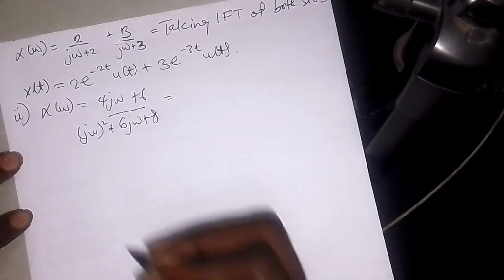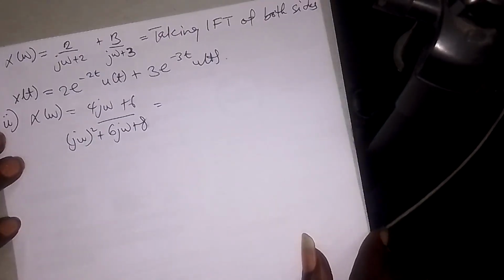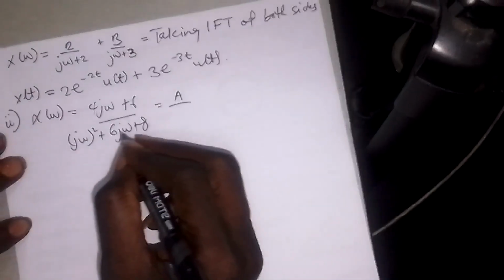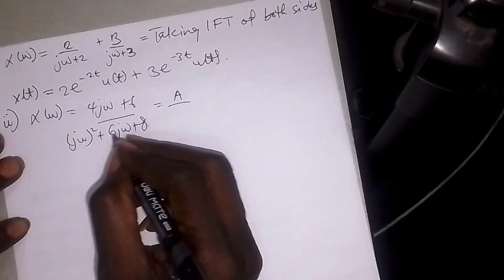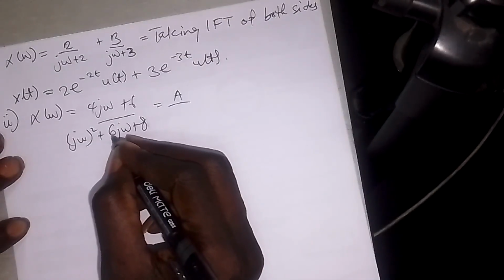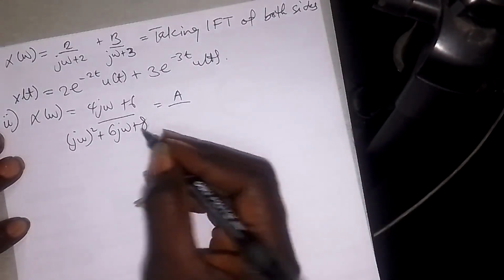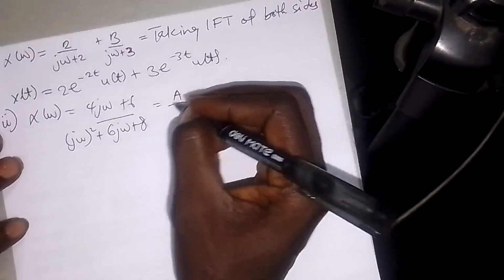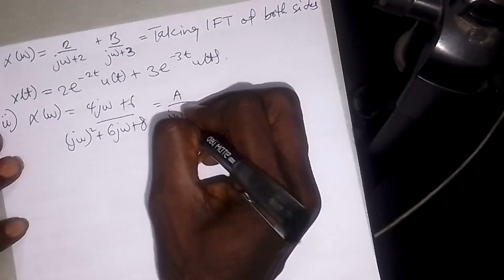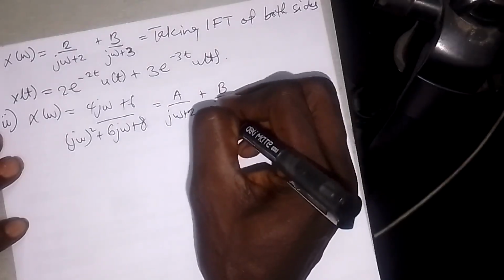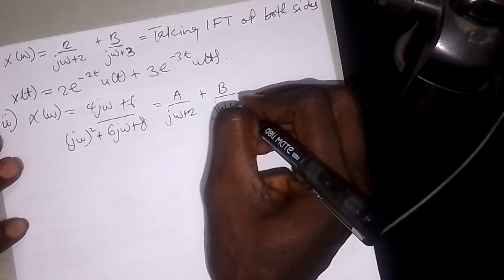So this one is equal to, if I break this into two integers that add to give me 6 and multiply to give me 8, I can have 4 and 2. So A over j omega plus 2, plus B over j omega plus 4.